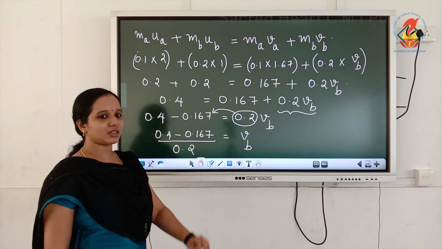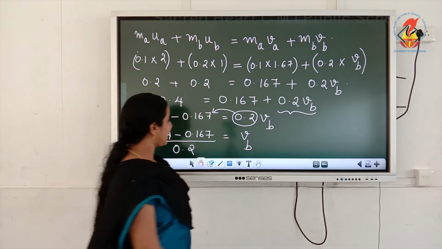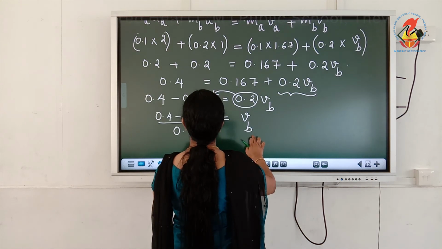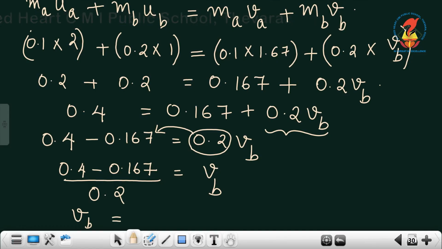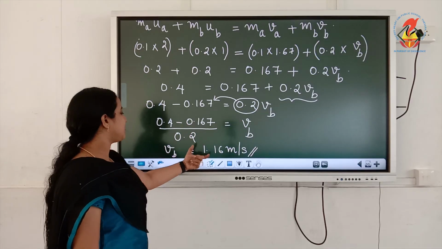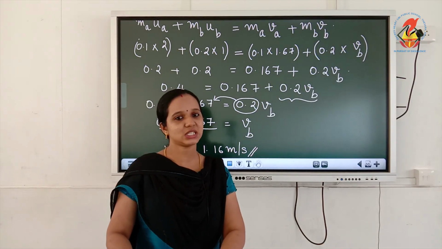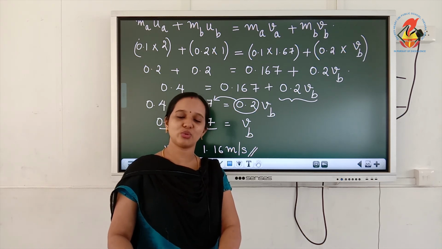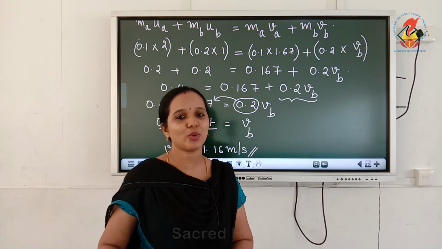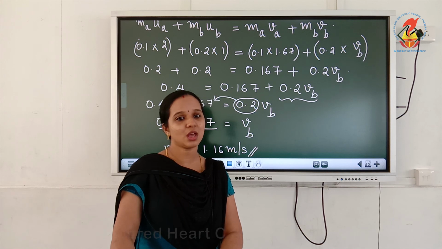When you subtract and divide and solve this, you will get the velocity of the second object as 1.16 meter per second. It's a direct question using the equation MAUA plus MBUB is equal to MAVA plus MBVB.